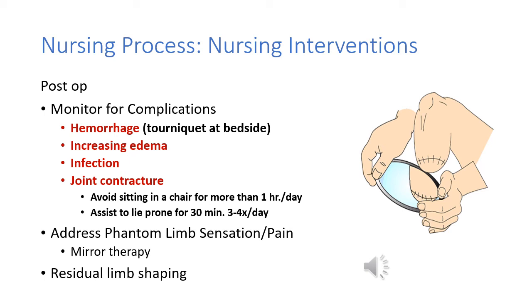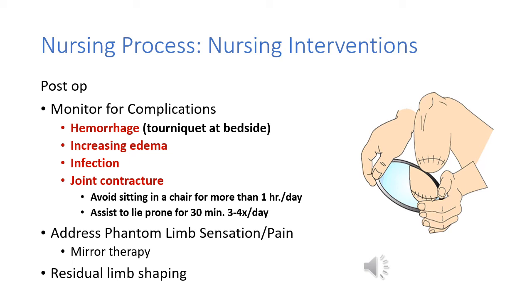And we will want to be concerned with joint contractures. So just like we don't want a lot of edema, we don't want to see the joint that will be needed for the prosthetic use become contracted. That will delay or prevent the use of a prosthetic device.